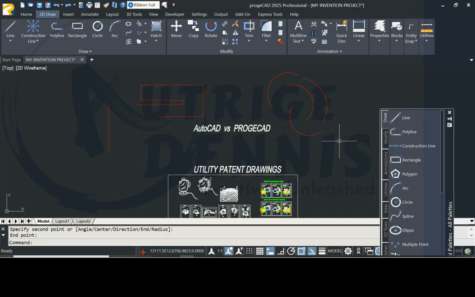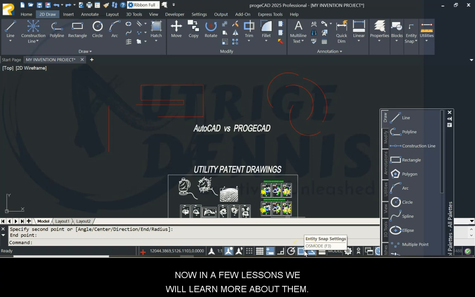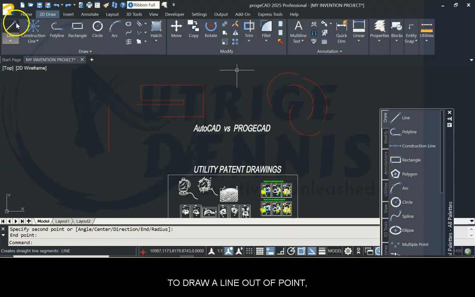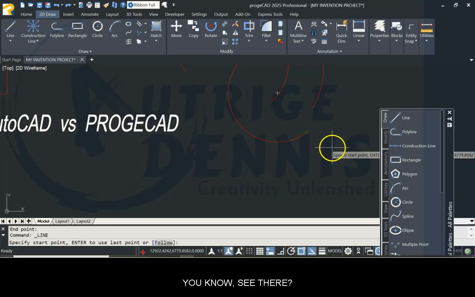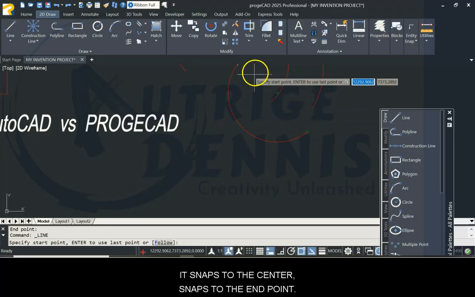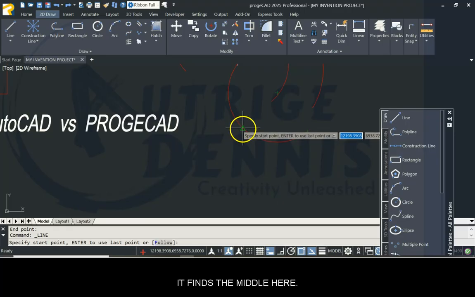The same command prompt, icons, object snap. The object snap down here. In a few lessons we will learn more about them. If I have this on and I want to draw a line at a point, it snaps there, kind of like a magnet. See that? It snaps to the center, snaps to the endpoint. It finds the middle here.